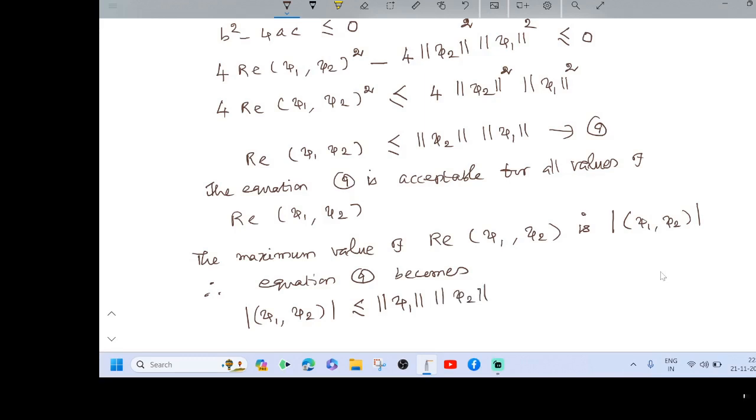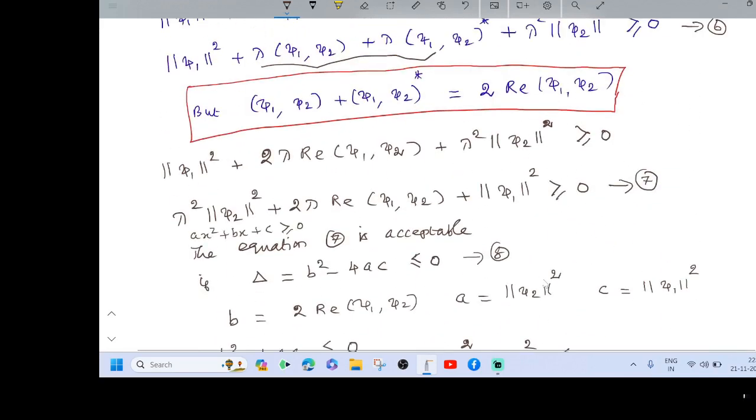The absolute value of the scalar product of psi 1 and psi 2 is less than or equal to the product of the norms of psi 1 and psi 2. This is our Schwartz inequality.